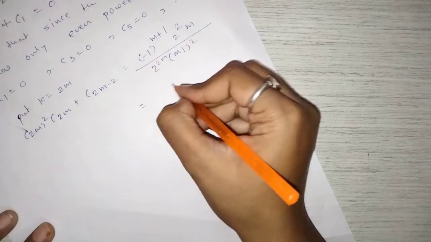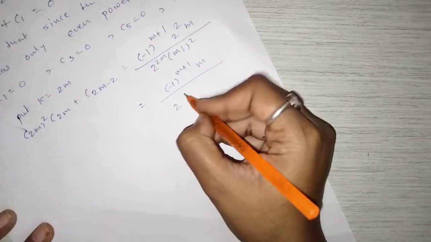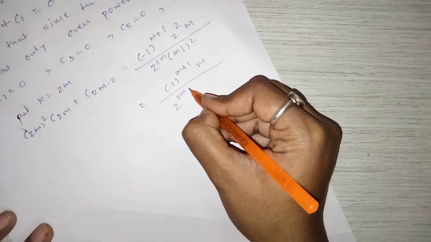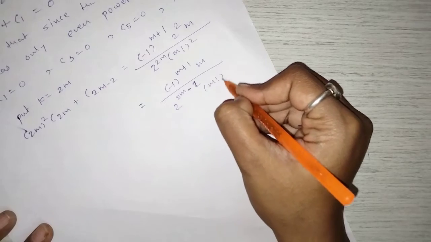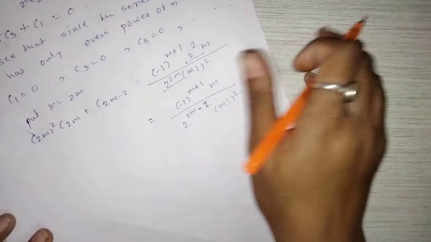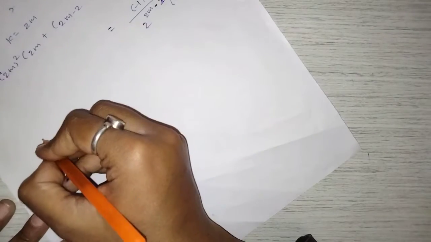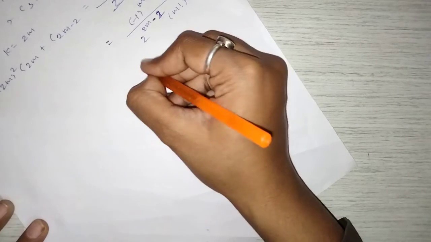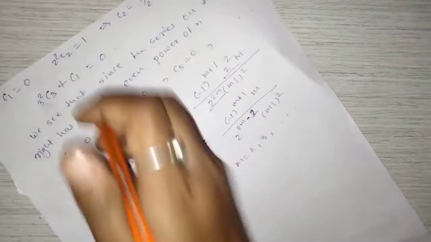Now for this, minus 1 raised to m plus 1 into m upon 2 raised to 2m minus 2 into m factorial bracket square, 2 raised to 2m minus 1, so minus 2. So m starts from 2, 3 and so on, because for m equal to 1 we get this term.